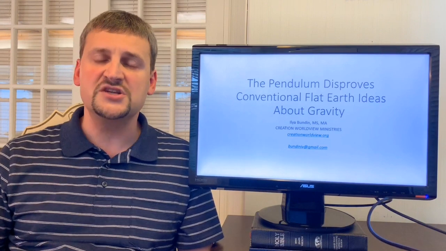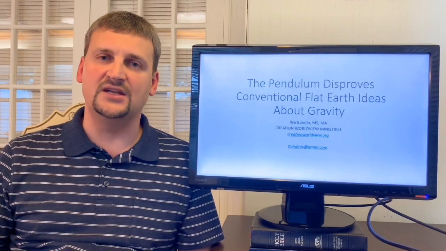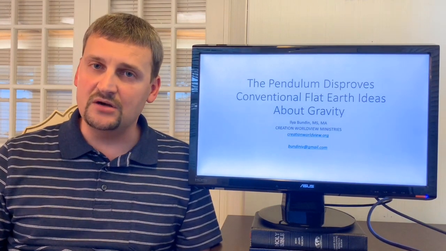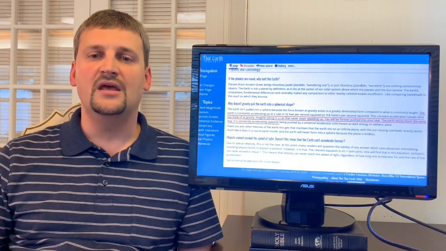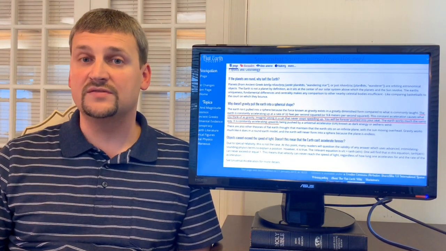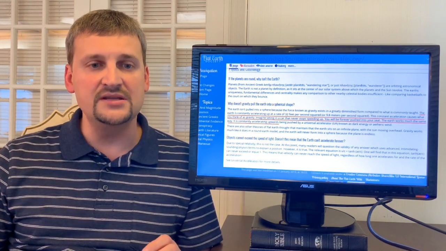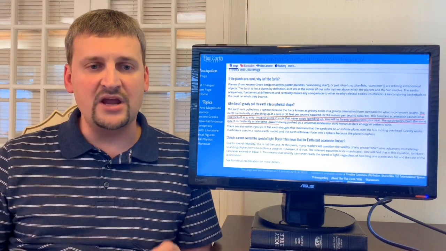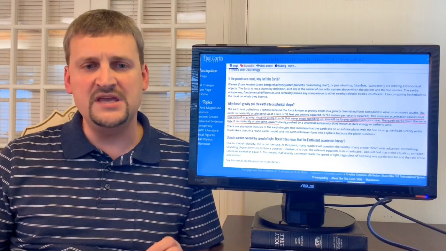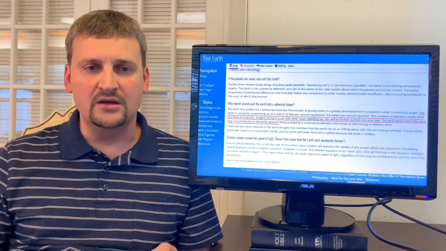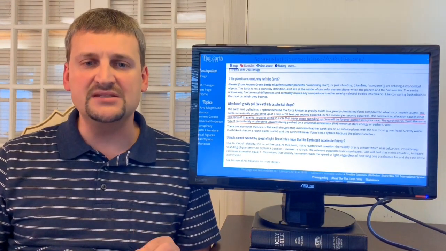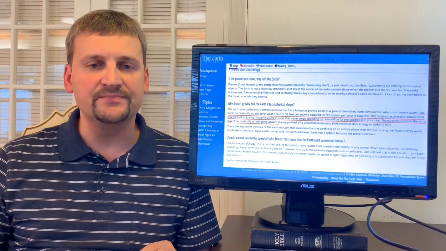But in the conventional or typical Flat Earth Universe, there is no gravity. According to the Flat Earth Wiki, the Earth is constantly accelerating up at a rate of 32 feet per second squared, or 9.8 meters per second squared.